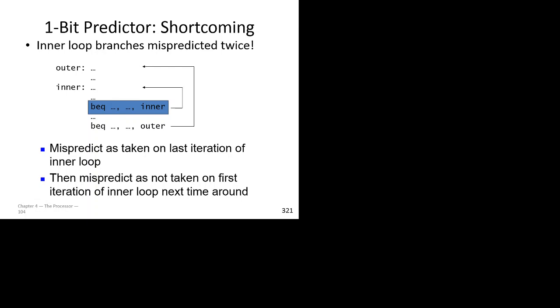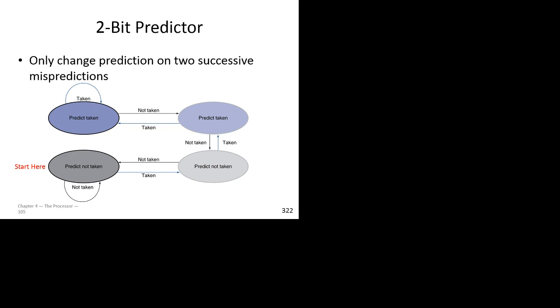In the big picture, the solution to that is a 2-bit predictor, nothing really genius here. And then they show the finite state representation of this, which I talked about in the Appendix B presentations. So basically, it's either in a 1-1 state, prediction was taken, a 1-0 state, the prediction was taken but not last time, or a 0-1 state, predict was not taken last time, and then finally 0-0, which is it wasn't taken the last 2 times.